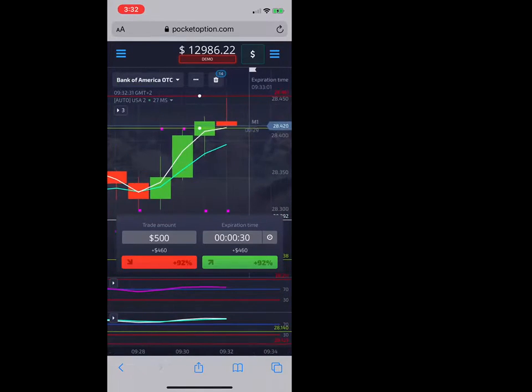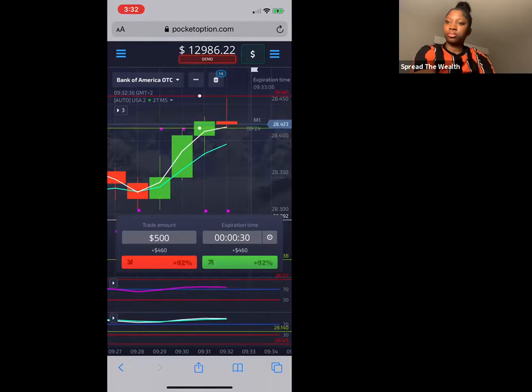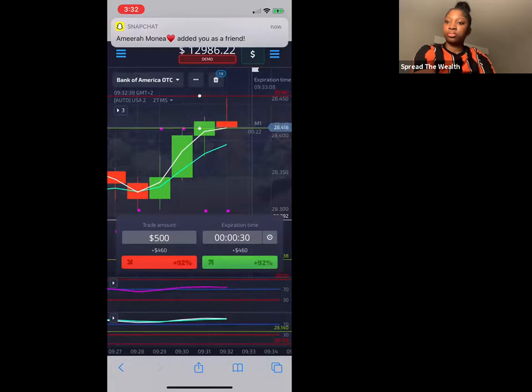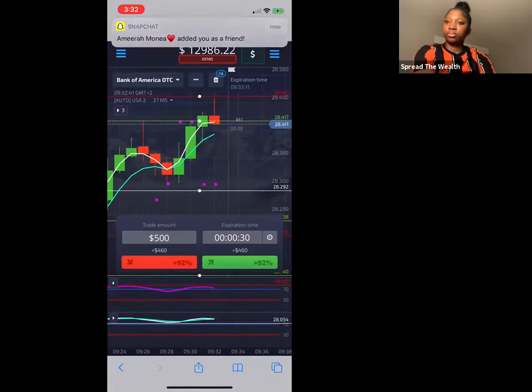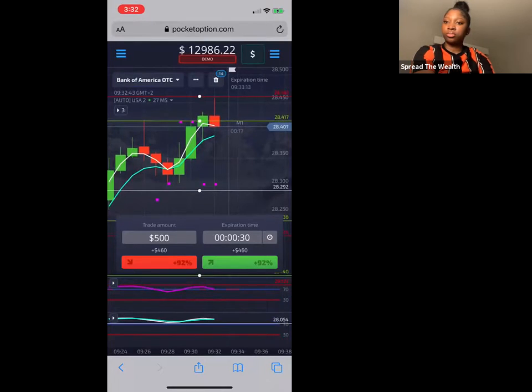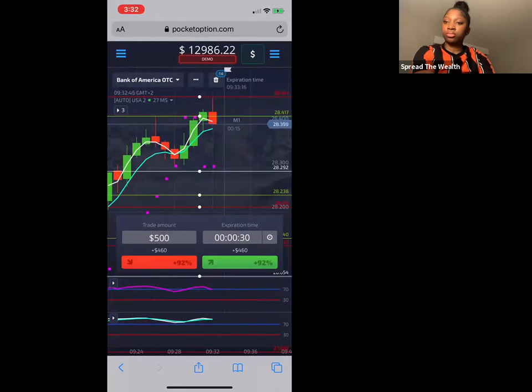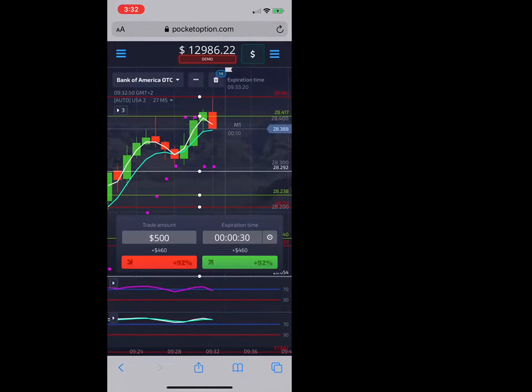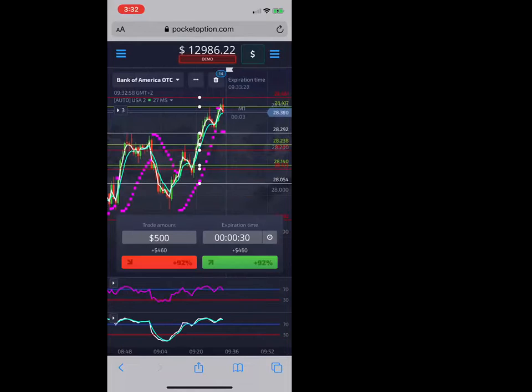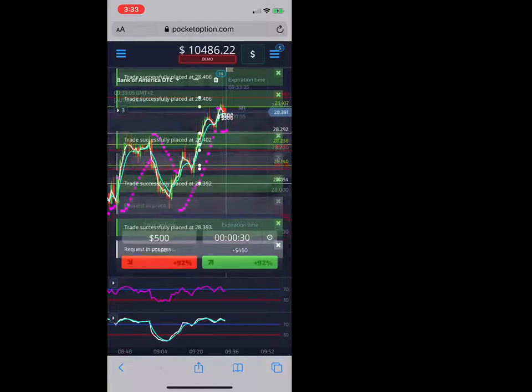Well, I think it just missed it by like a point. Now let's see what she gonna do. This next candle should shoot up one more time. Boom, boom, boom, boom, boom.